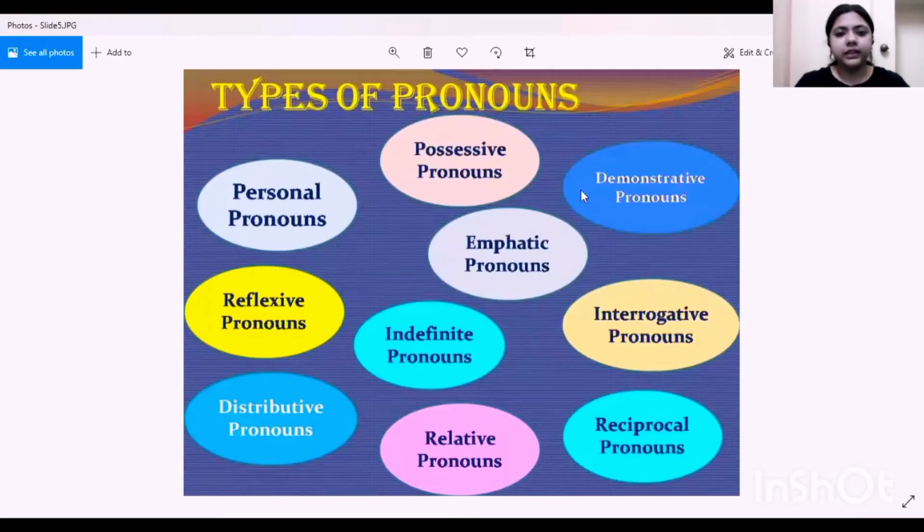There are 10 kinds of pronouns which we are going to study in this chapter. I will introduce the names of the kinds of pronouns to you today.